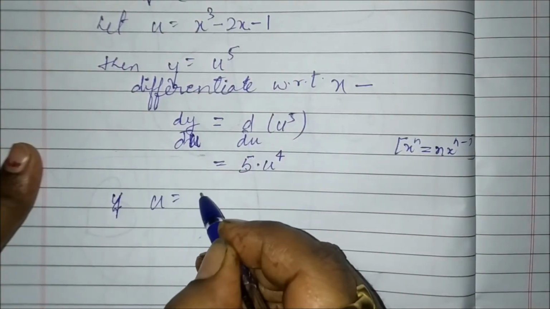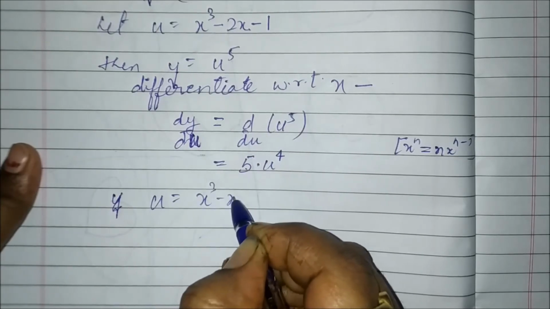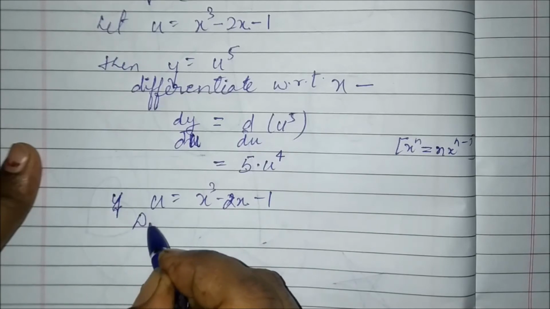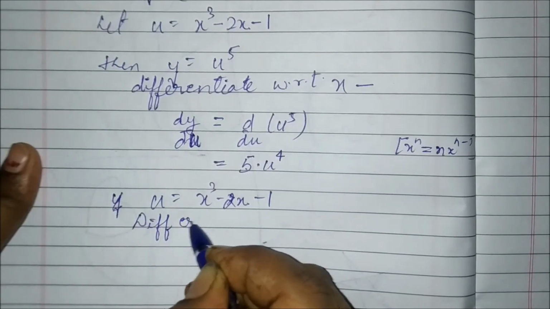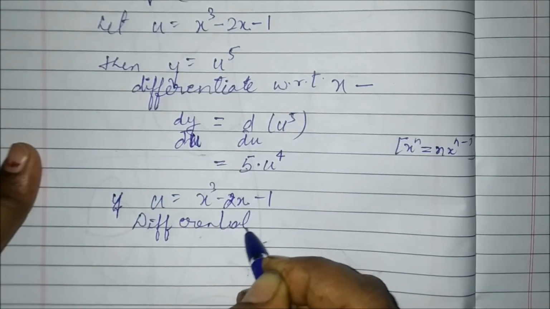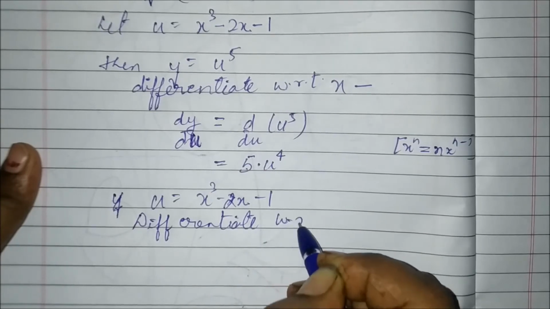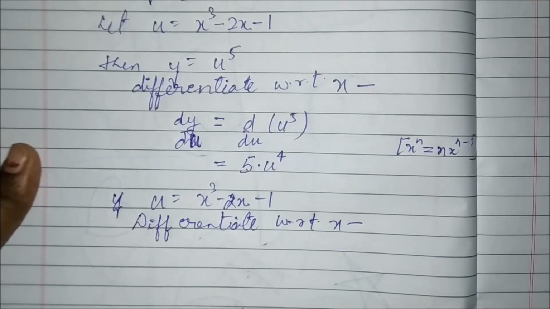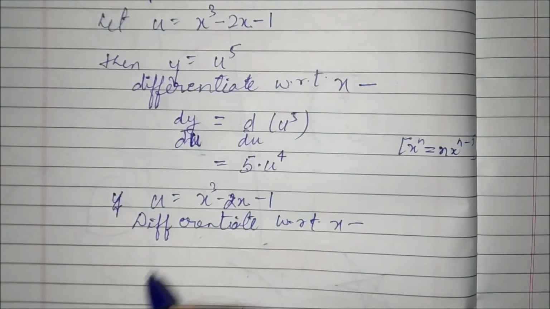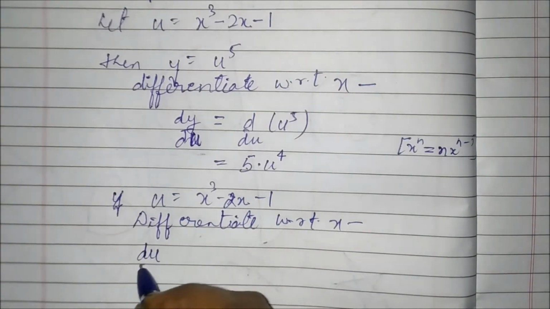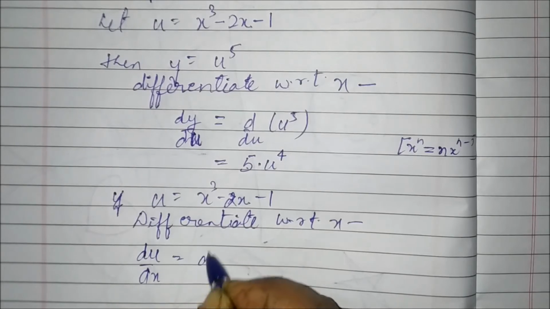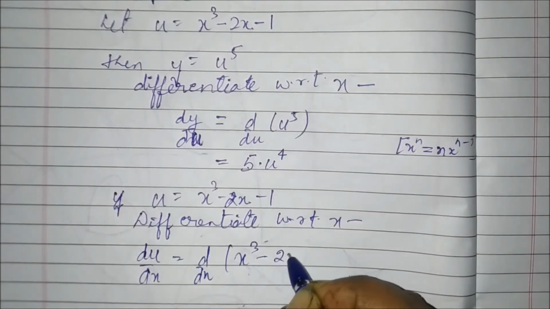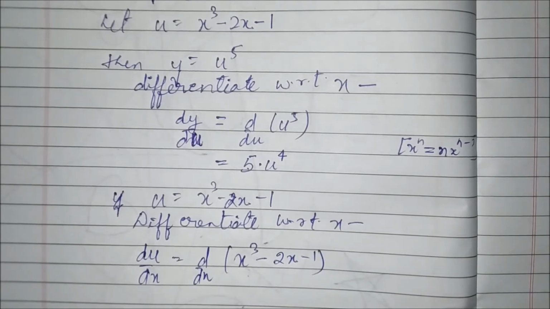Now since u is equal to x cube minus 2x minus 1, we have to differentiate this with respect to x. So here du by dx is equal to d by dx of x cube minus 2x minus 1.